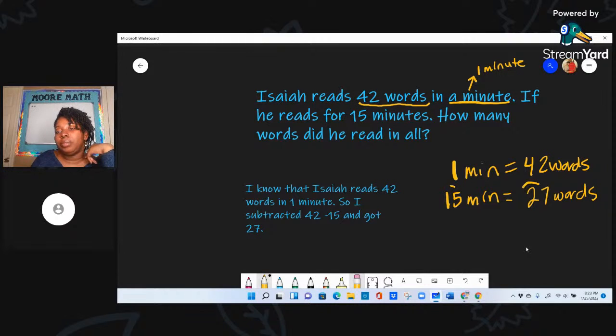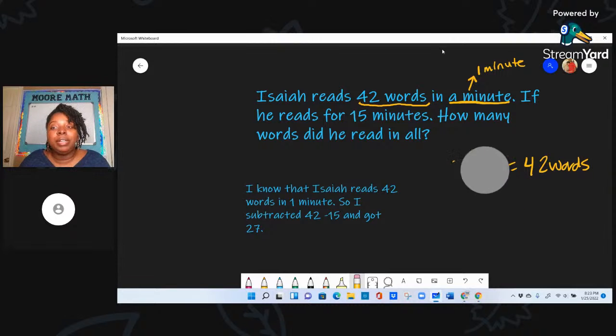So does this answer make sense? Because every minute he's supposed to be reading 42 words. No. So what do we need to do? Because each minute he's reading 42 words, so in 15 minutes he's going to be reading a lot more than 42 words, right?